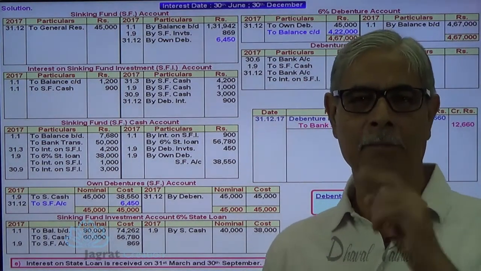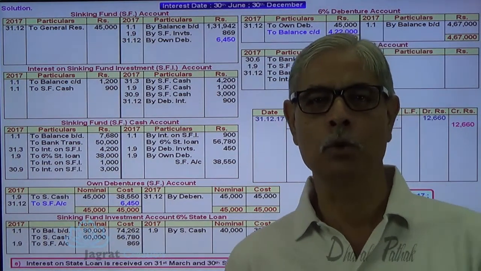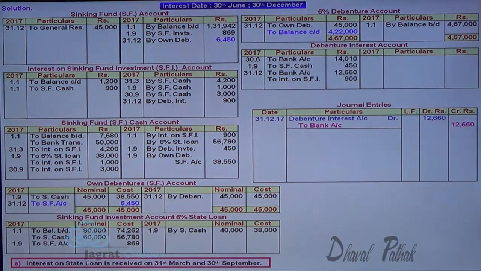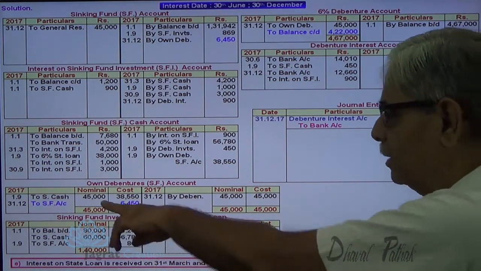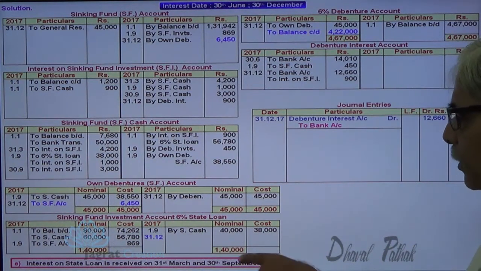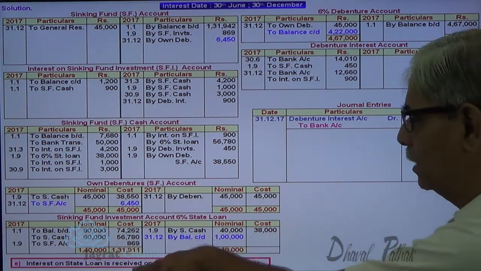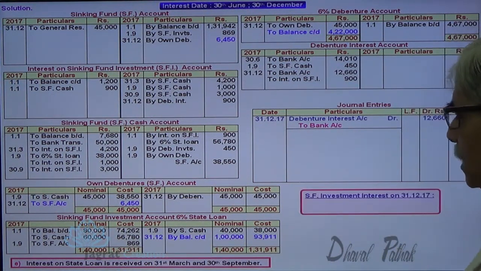Remember, 50,000. That should come to your mind when you conclude the sum. Now this is the nominal value, closing balance of nominal value 1 lakh. This is the total.